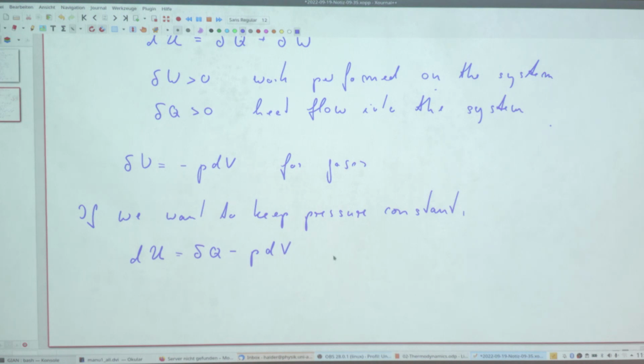And this already shows, these little d's tell you which variable I use to control the state of the system. So I look what happens if I change volume by a small amount. Then I change the internal energy, for example, here. Now I want to, instead of changing the volume, change or control the pressure. What can I do?